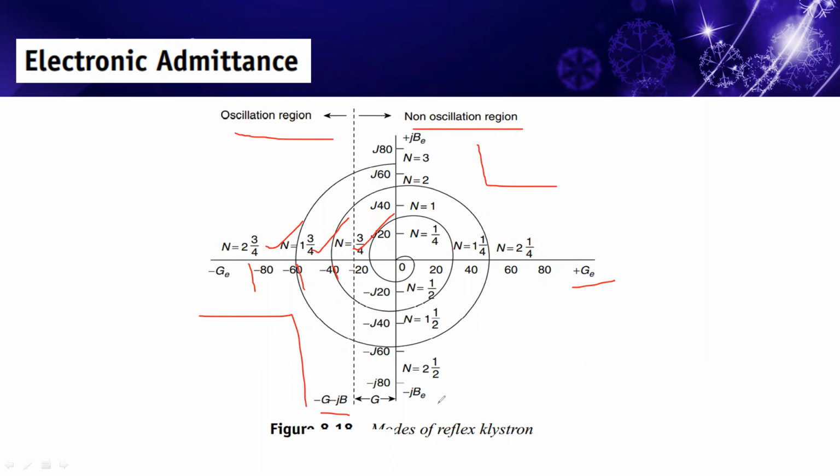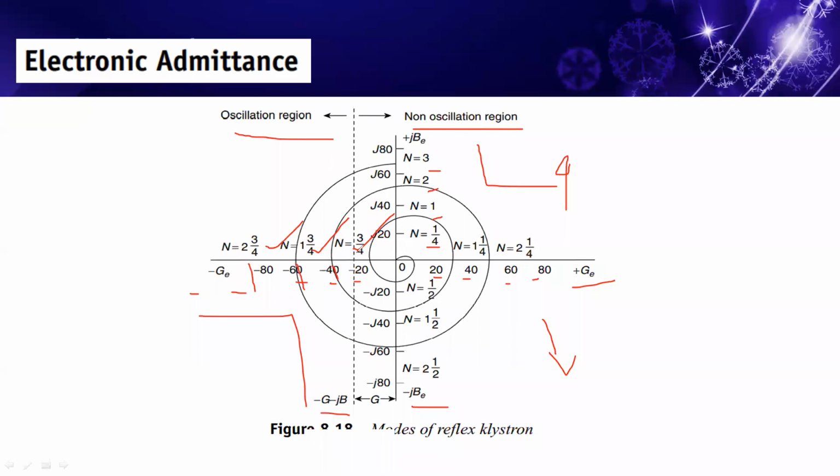Similarly, minus G minus jB. Here we are plotting some positive values of G, similarly for minus jBe. Similarly for the imaginary term, likewise for each quadrant. So you are having 1/4, 1, 2, 3 number of modes here.